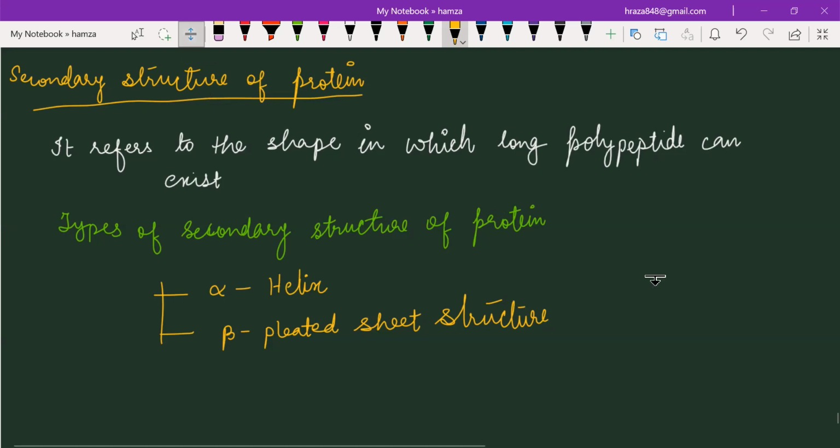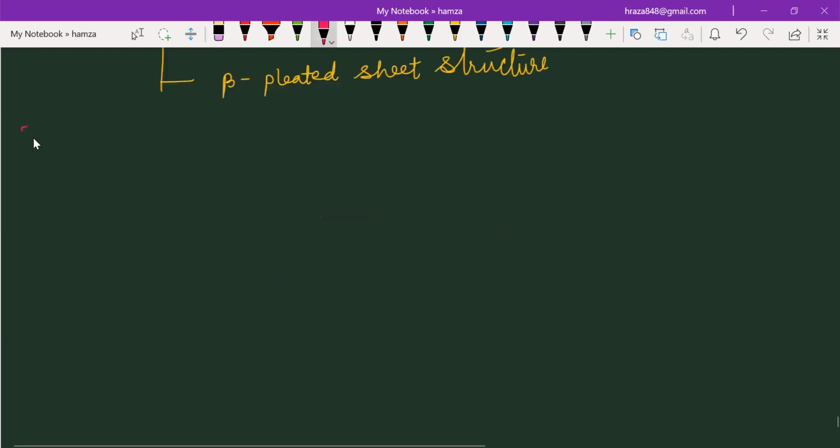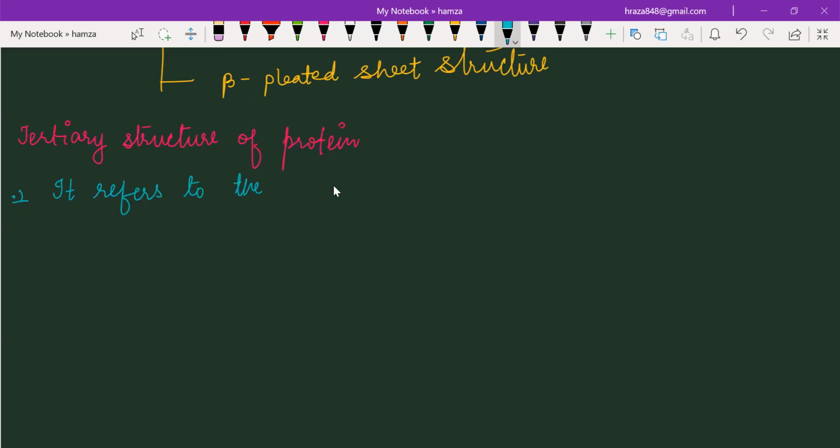Very good. Now we are going to talk about tertiary structure of protein. See what is tertiary structure of protein. It's very simple also. It refers to the further folding of secondary structure of protein.